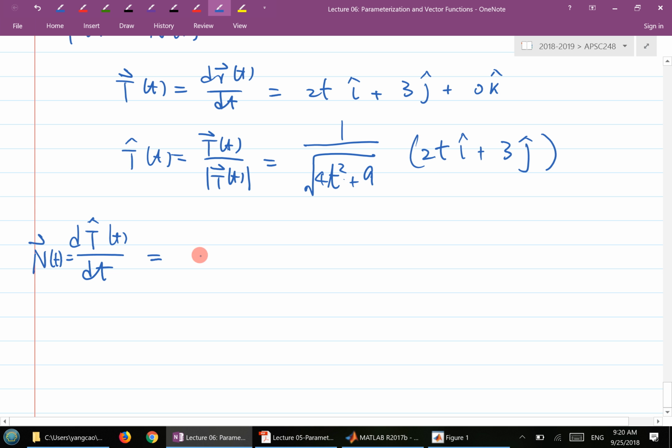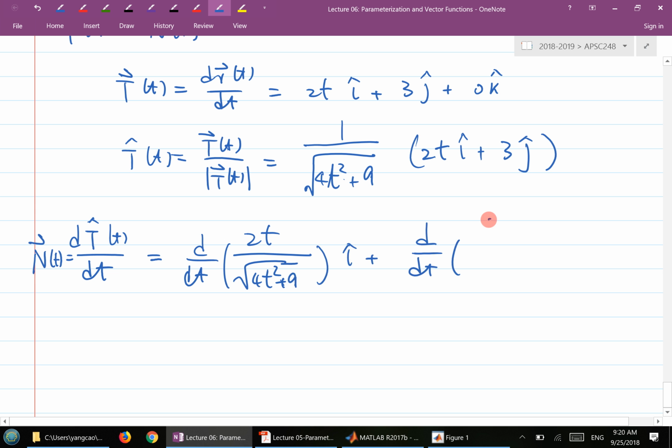Essentially you're taking the derivative of the first one, which is 2t over the square root of 4t squared plus 9. That's the first term. And then you're taking the derivative of the second term. That's what you do.